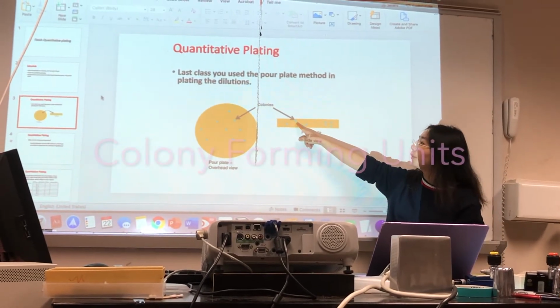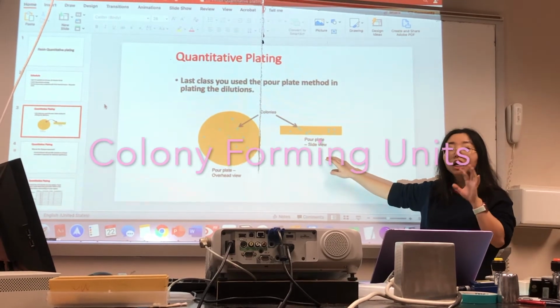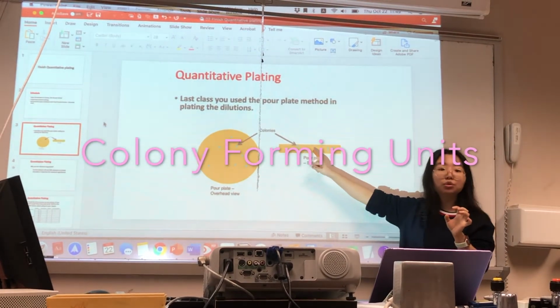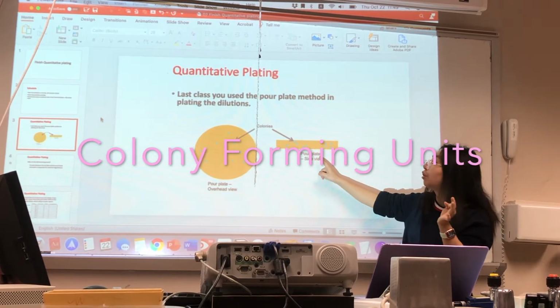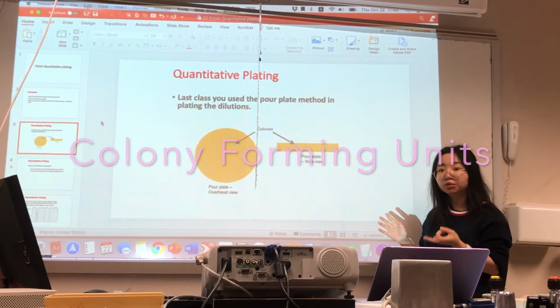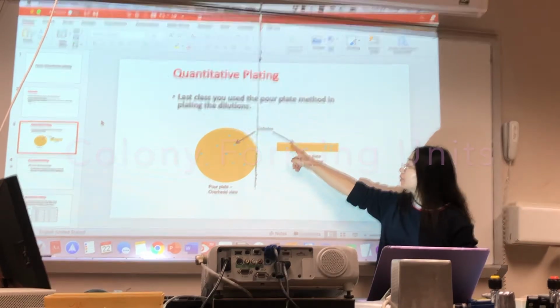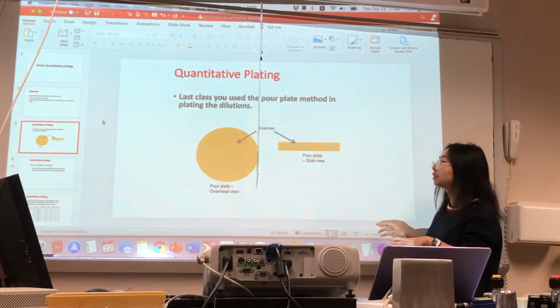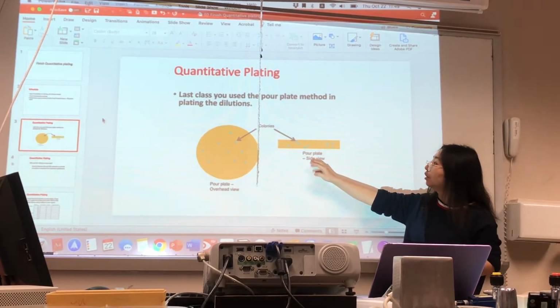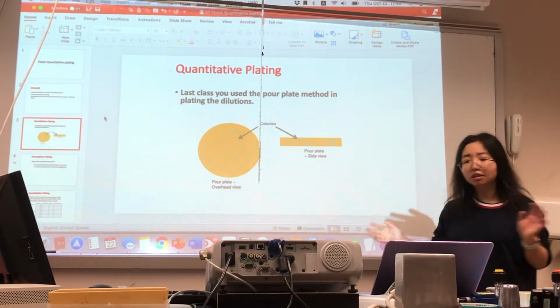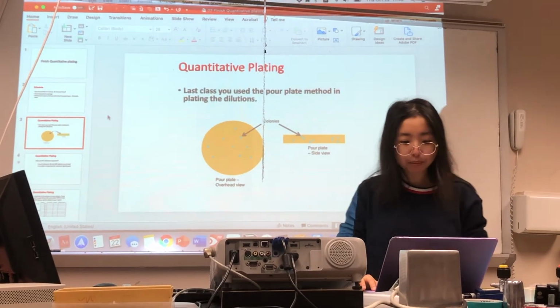You will probably see two colony forming units clustered into one dot, so you would probably count two colony forming units as one. This would be the disadvantage when you have the overhead view to count the cells. This is the only disadvantage we are going to talk about.